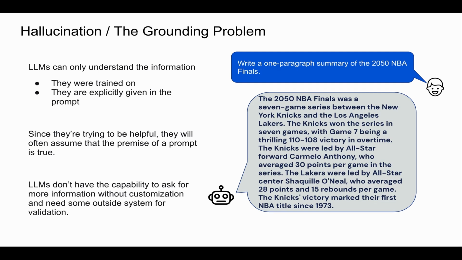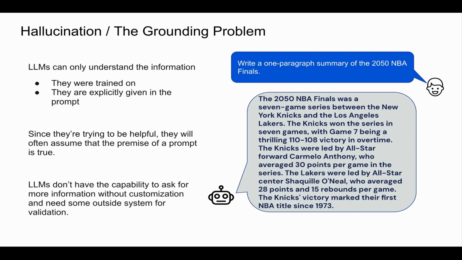This is one example of hallucination: write a one-paragraph summary of the 2050 NBA finals, which still haven't happened. The LLM still gives the summary, with hallucinations and imaginations.